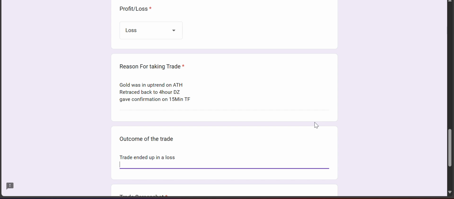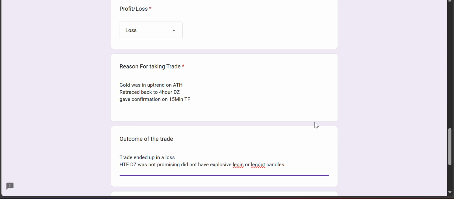What could be the reason? Higher time frame demand zone was not promising, did not have explosive leg in or leg out candles. Entry time frame demand zone was not good.